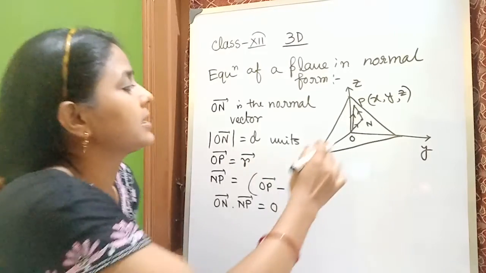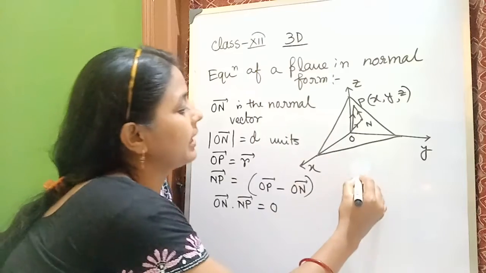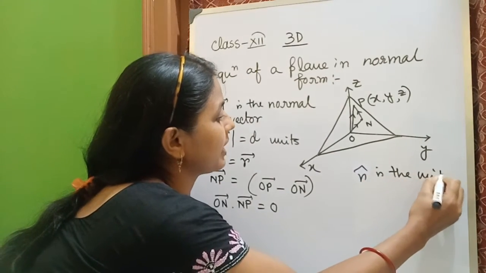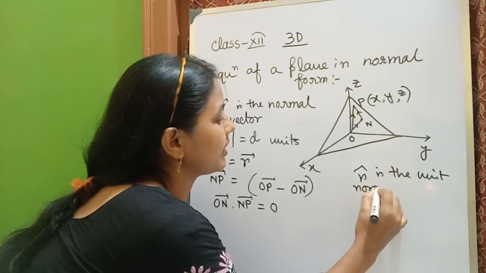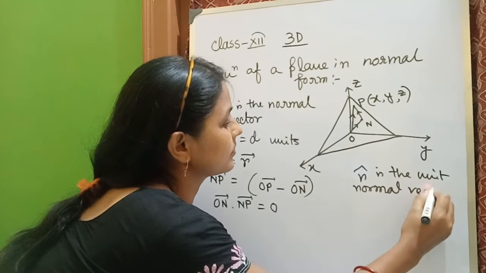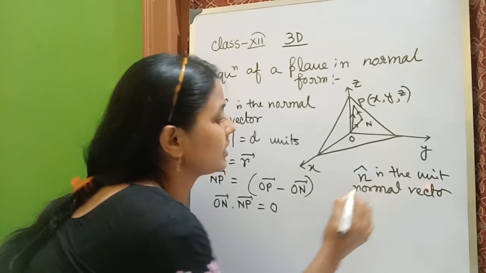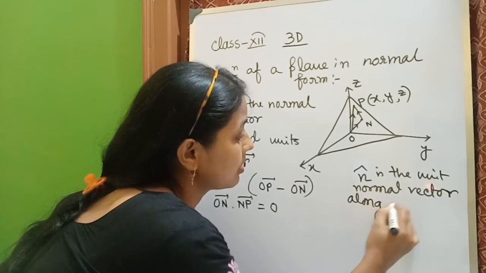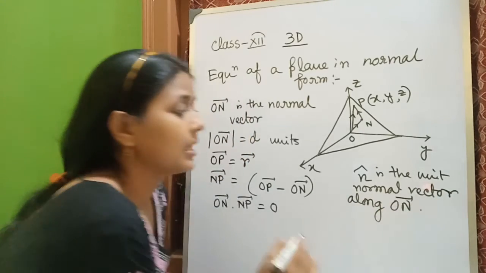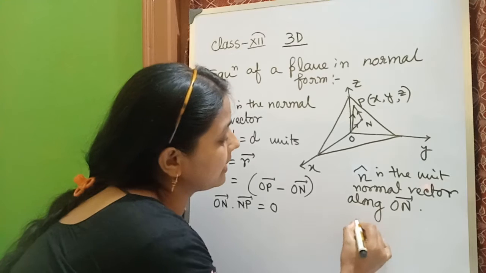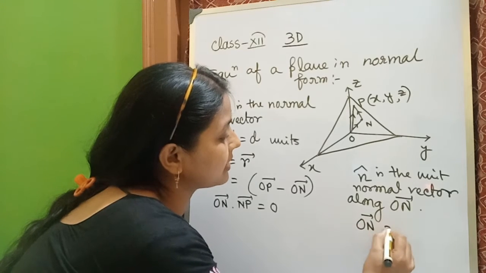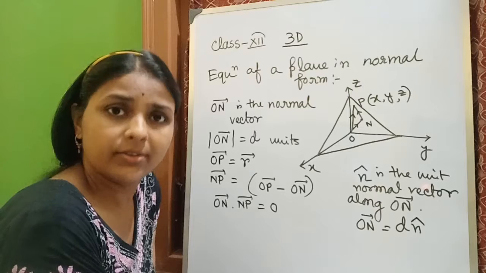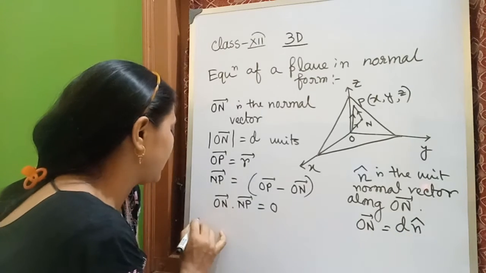Now suppose n cap is the unit normal vector along the ON vector. Then ON vector equals magnitude into direction, so d n cap.